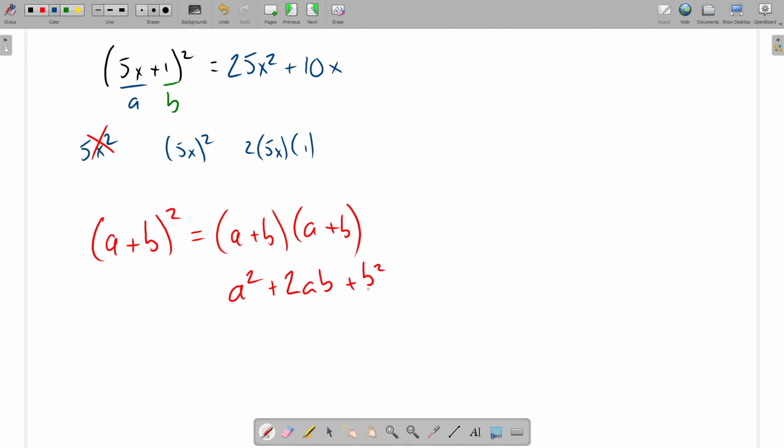And then my final term in my answer should be b squared. Well, b is just 1. What's 1 squared? Well, it's 1. So just like that, using this formula, we end up with a final answer without actually multiplying this out.